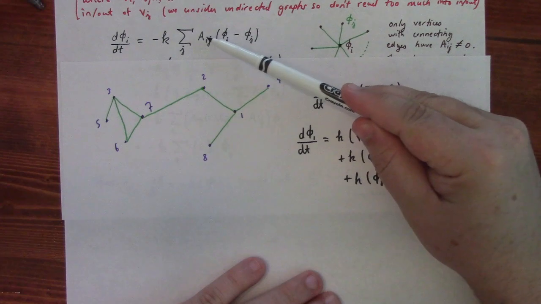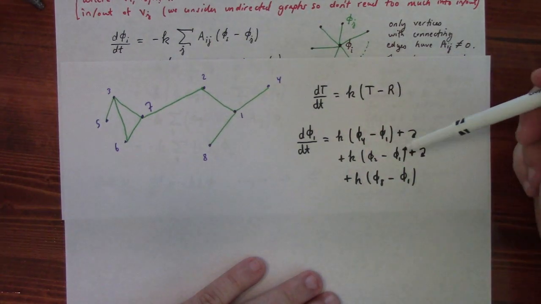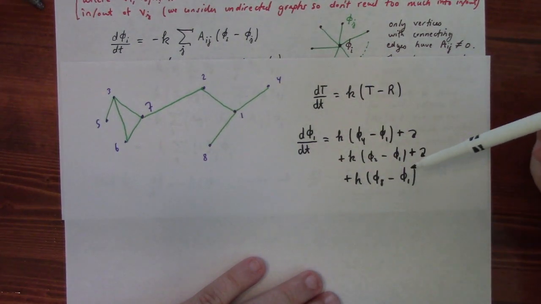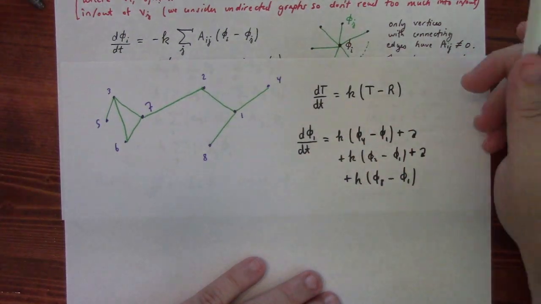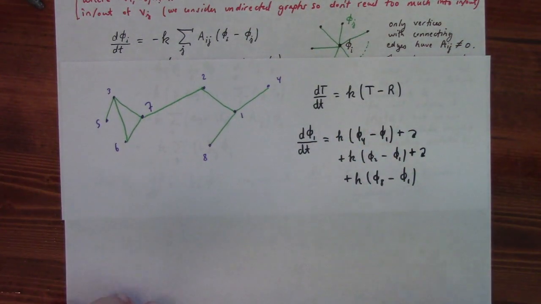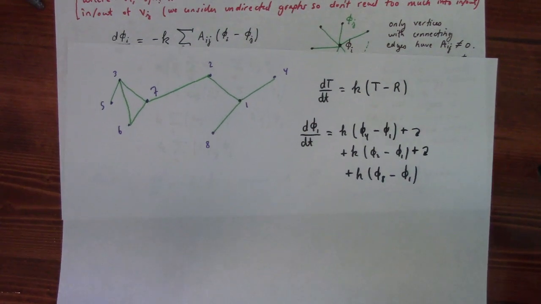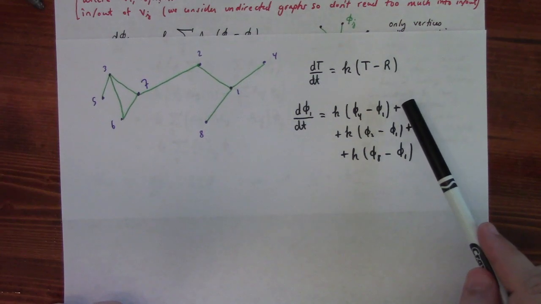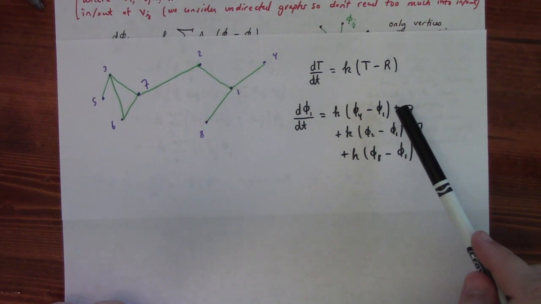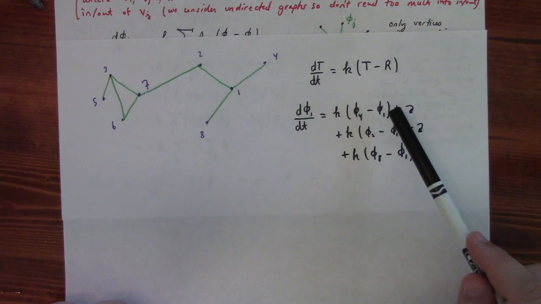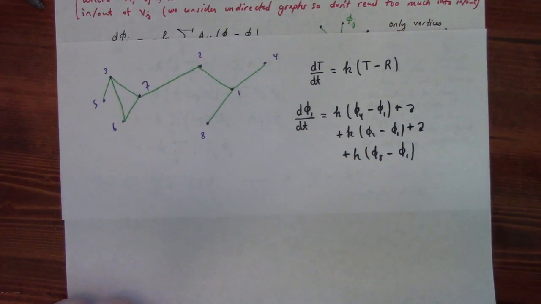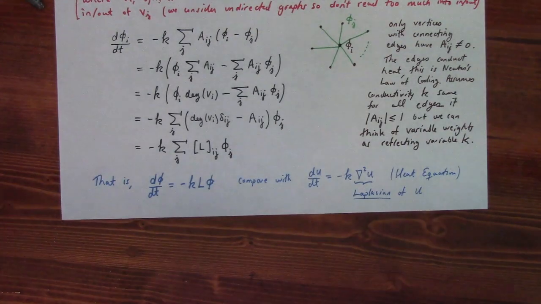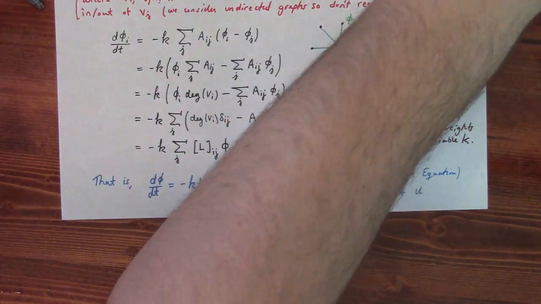So this sum over j of a_ij (phi i minus phi j) does this kind of thing, but for an arbitrary ith vertex. Again, that's kind of naive, in the sense that it says the way temperature flows amongst the different nodes connected by edges is the same, uniform throughout the graph. But that's just a starting point. Of course, you'd like that to become variable as you go on.